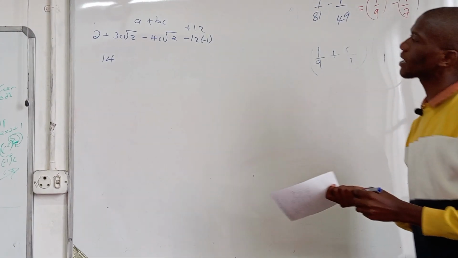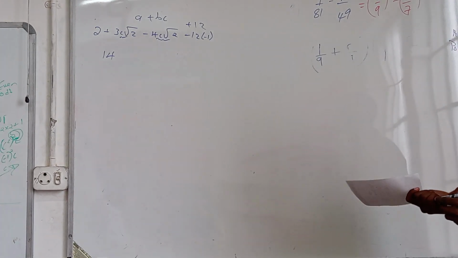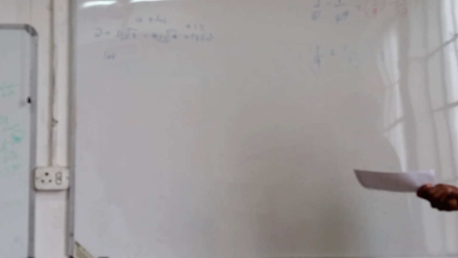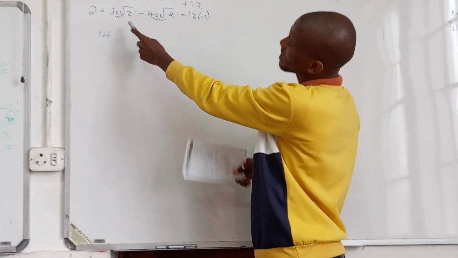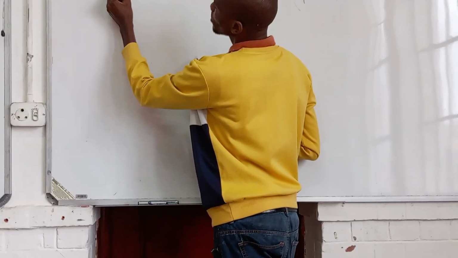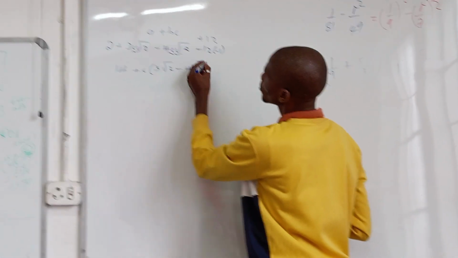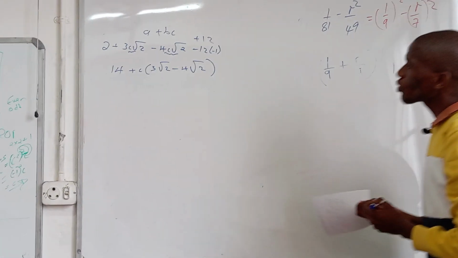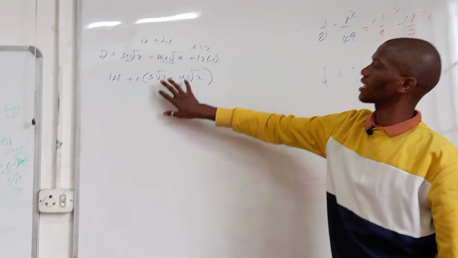But now I just want to talk about this thing. If you check the imaginary part there, right? We've got something that is common there, right? We can take out this i, so you say plus i, then you are left with 3 square root of 2 minus 4 square root of 2. Right. So what we just did, guys, we just took out an i so that it can be easy for you to use it on a calculator.